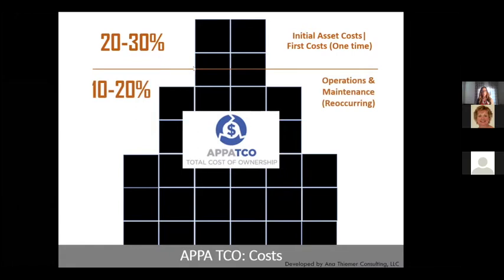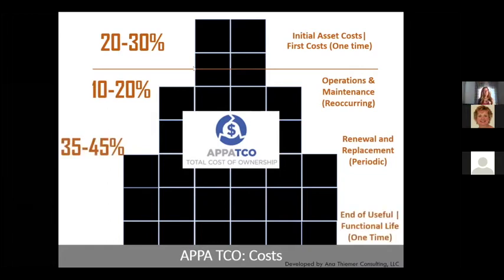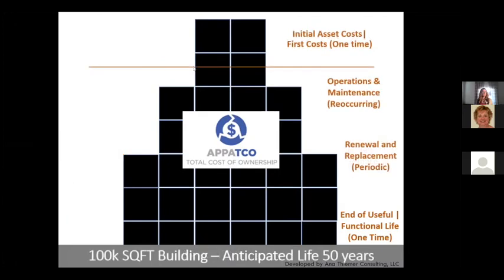Operations and maintenance, the recurring cost, is about 10 to 20%. And then our renewal and replacement costs are about 35 to 45%. And then our end of useful life is about 5 to 10%. And 5 to 10% is probably a little high for end of useful life, but that's so far out in the future, 50 to 75 years. We wanted to be extra cautious when we looked at it.